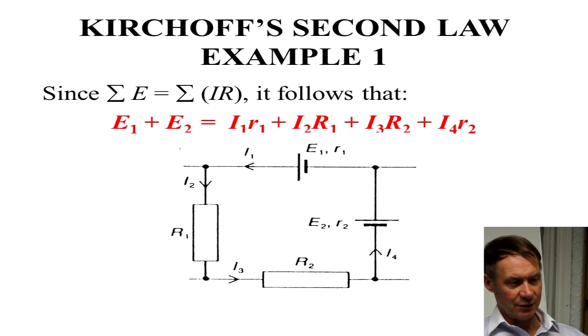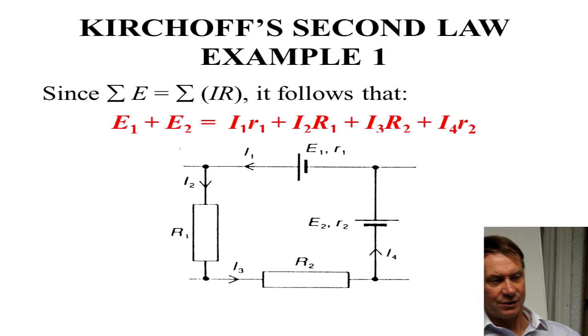On the left-hand side, going down, we've got I2 current going through resistor R1, so the PD across there will be I2 R1. Going across the bottom, we've got current I3 going through resistor R2, which is then I3 R2. And going up on the right-hand side, we have current I4 going through resistance R2, so that PD there is I4 R2. So if we follow that in the red, you will see the equation that we need.